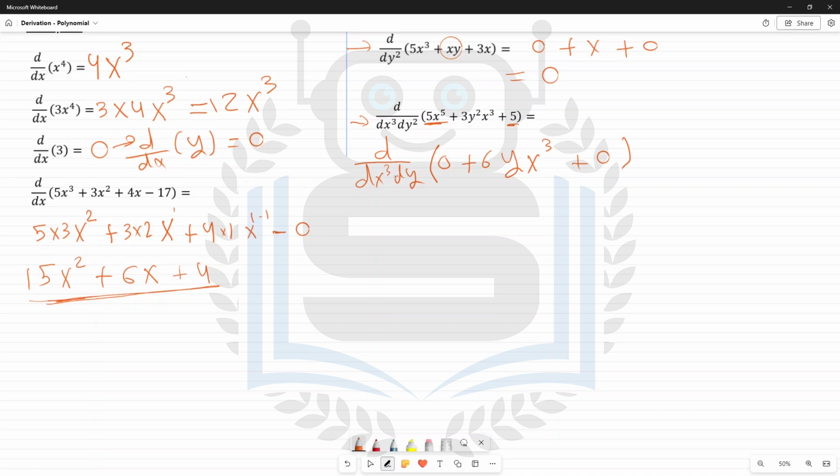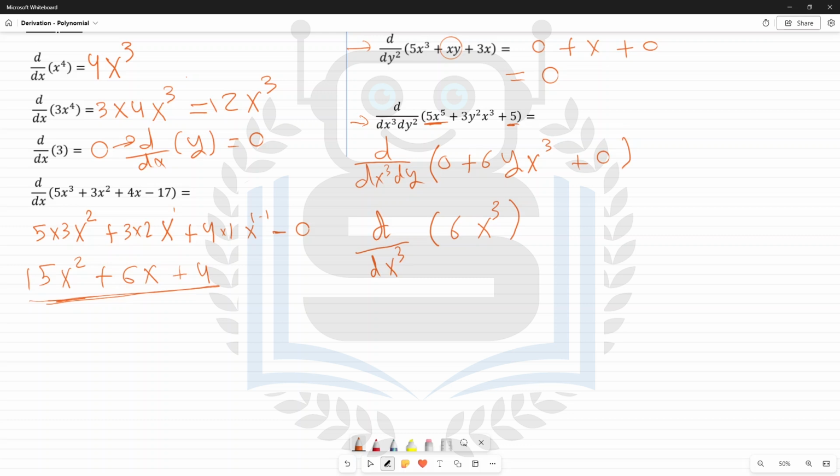Okay, then let's derive again with respect to y. So d over dx to the power of 3 of 6x to the power of 3. Then really we need to find the third derivative of 6x to the power of 3.